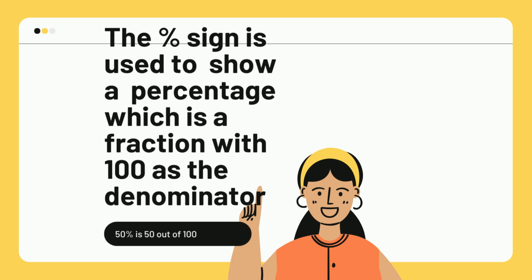When you see a number with the percent sign beside it, you just have to say, if I remove that sign, it is saying that number out of 100. So if I'm seeing 25%, it's 25 out of 100. Whatever the whole is, it is in 100 parts.